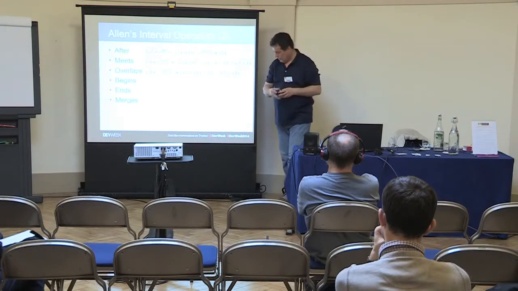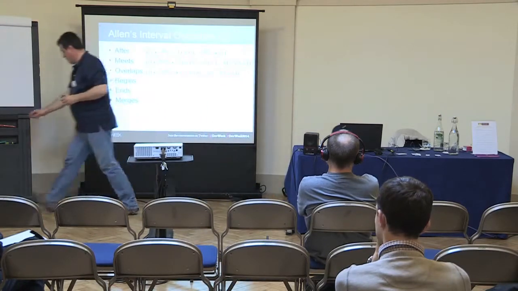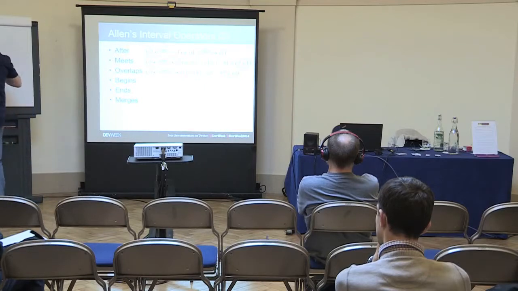I will show you, maybe I can draw this. So when do two intervals overlap? I got a couple of intervals here, okay? First, they can all overlap. Let's say this is the first interval, and these are all others to test.